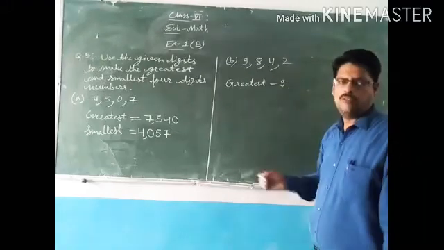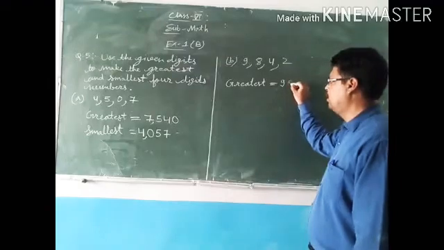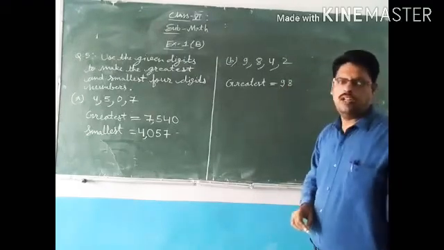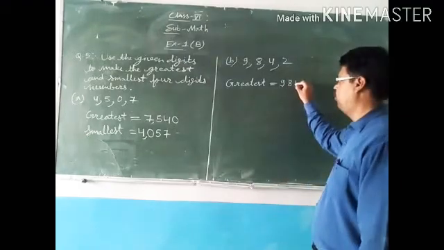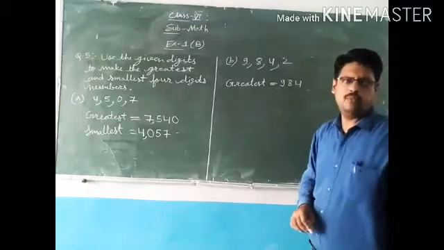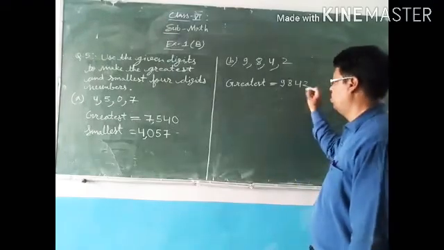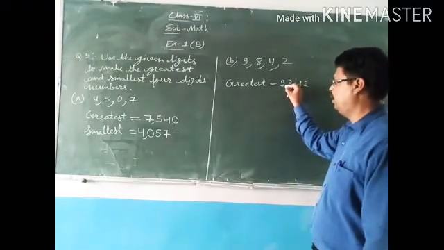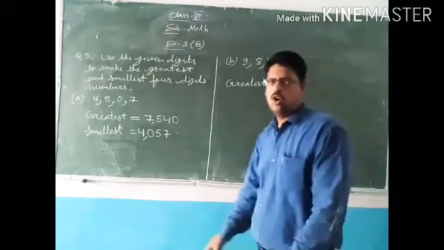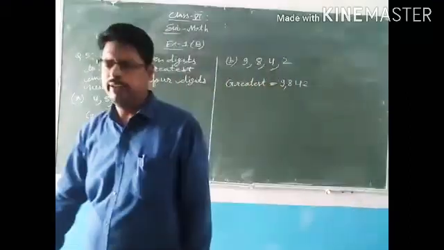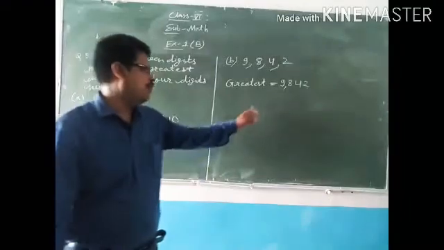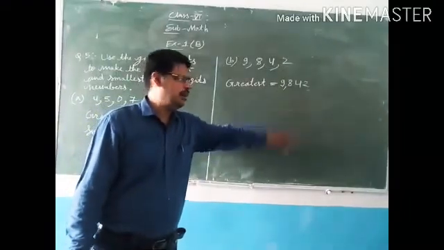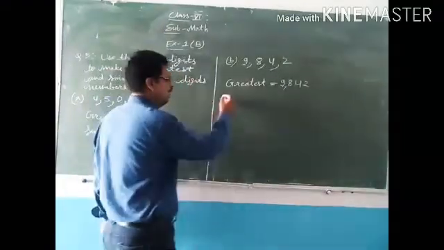After that, smaller than 9, 8. Smaller than 8, 4. And in the last, the smallest digit is 2. And 3 digits before, we will place the comma. So this is the greatest number. How can we read it? 9842.